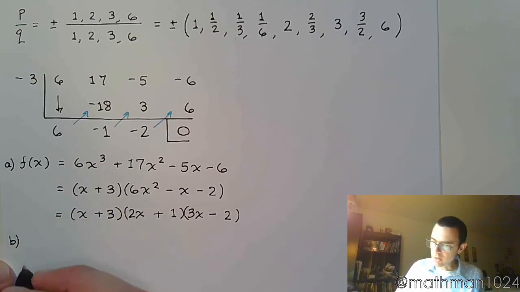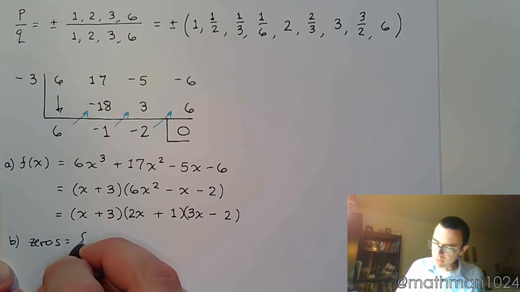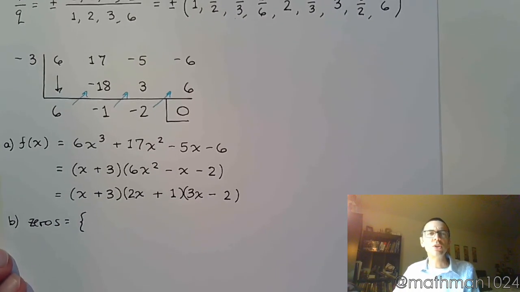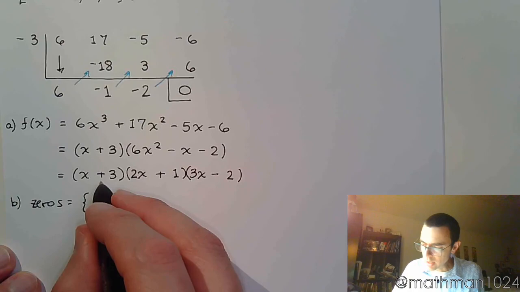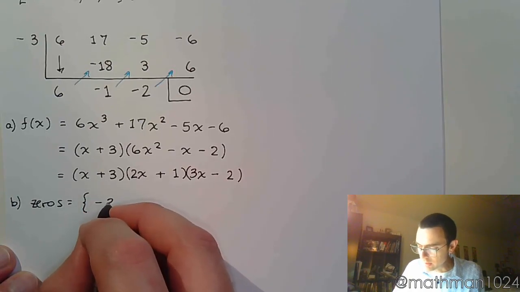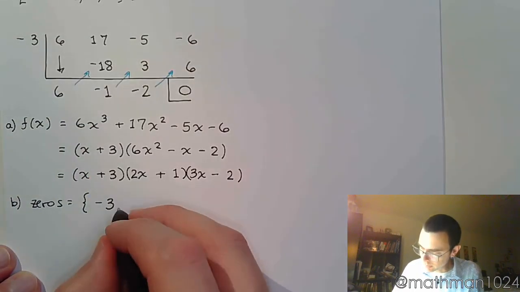Now part B. Part B says to find all of the zeros. Well, since we have the complete factorization, this is like using the zero factor theorem. You're going to take each of these factors and write the corresponding zero. So this gives me the zero of negative 3. And that makes sense because it's right here. It's the first guy we found.